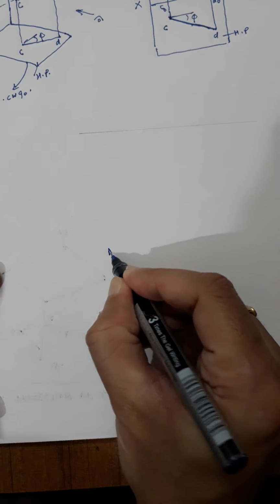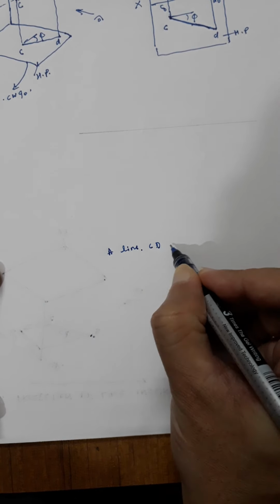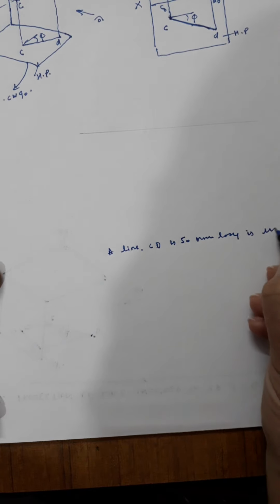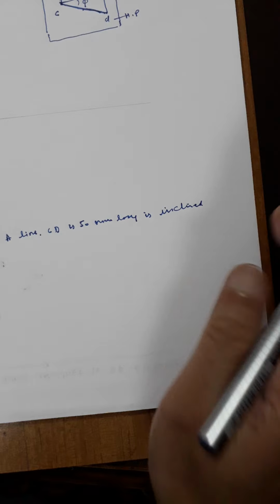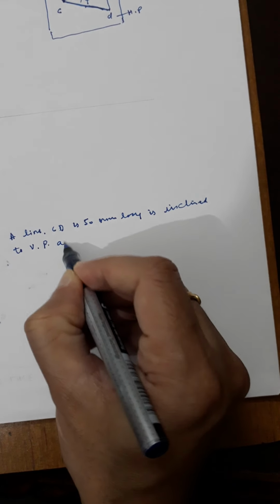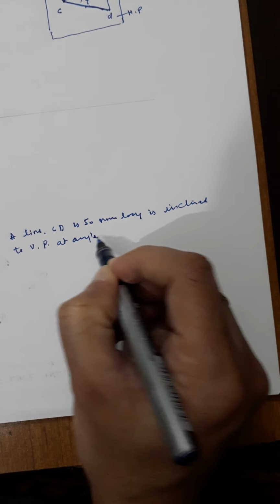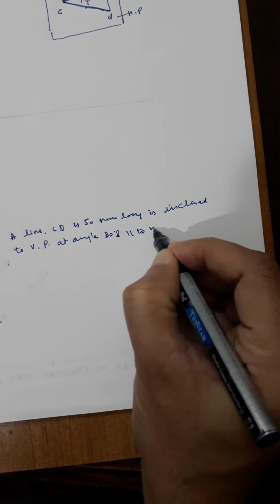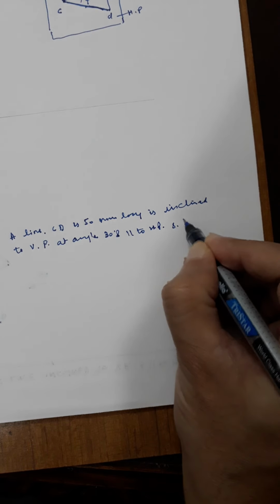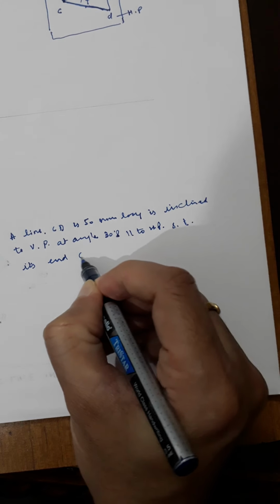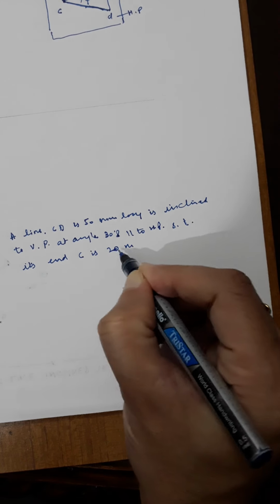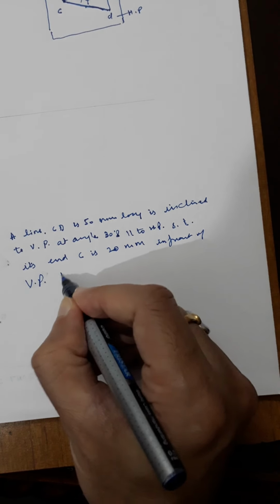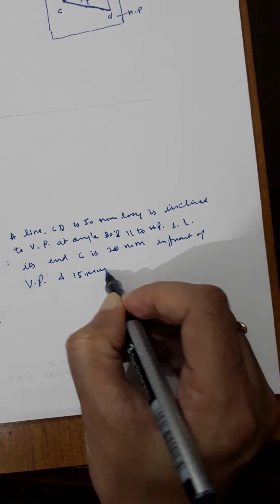A line CD is 50 mm long, inclined to the vertical plane at an angle of 30 degrees, it can be 45, 60, whatever angle can be given, and parallel to HP, such that its end C is 20 mm in front of VP and 15 mm above HP.